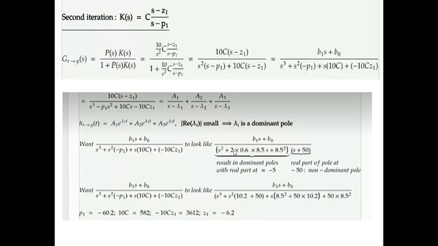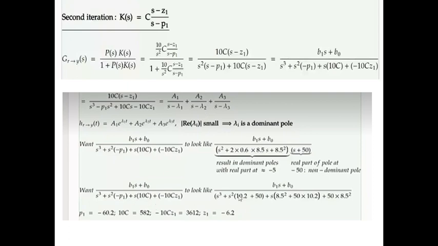So we see that the real part would have some value in the order of -5, and hence we choose some magnitude which is much greater than 5. In this case we chose -50. We'll vary this parameter in further cases. So now we have the denominator, and hence we can also calculate the numerator, since b1 is 10c and b0 is -10c.